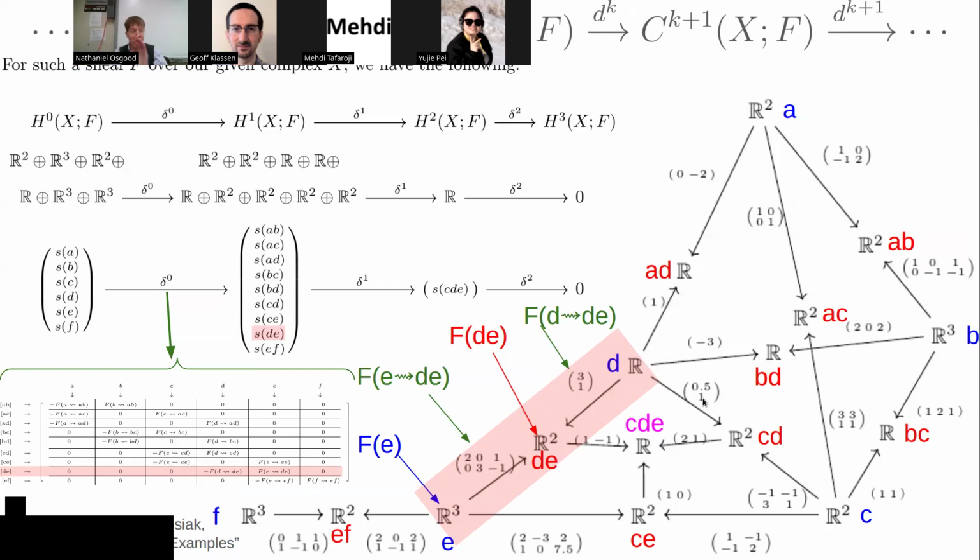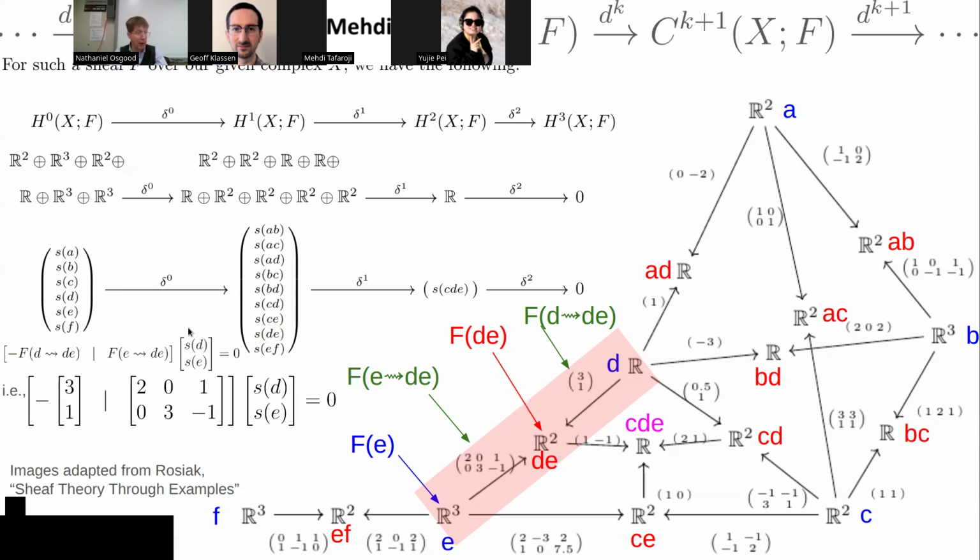They're always giving a consistent picture. That is the global section for this sheaf, the values of these stalks over the vertices that are in the kernel of this matrix.